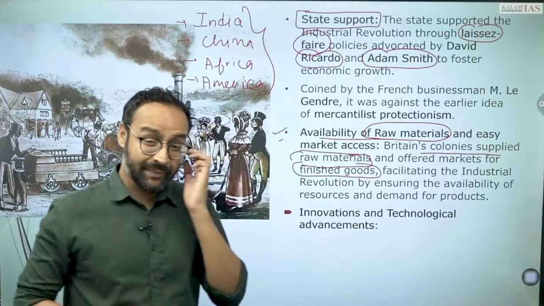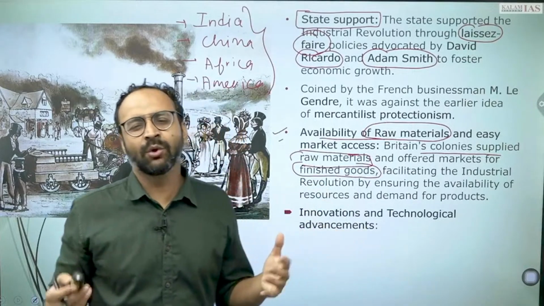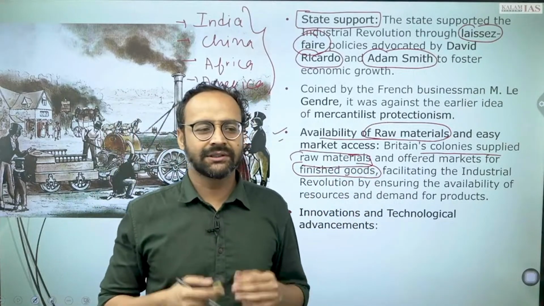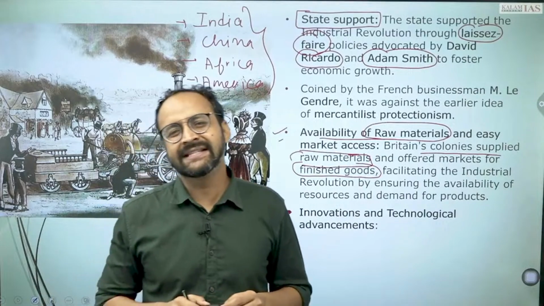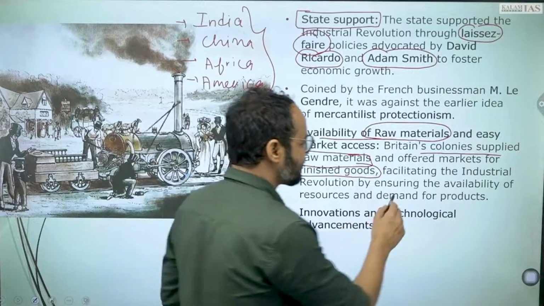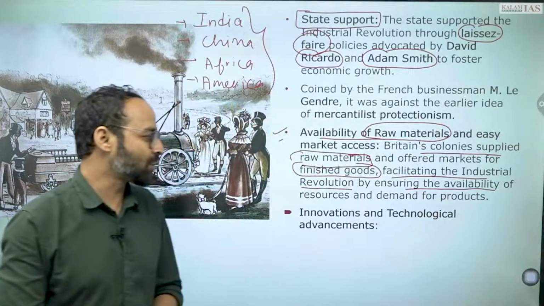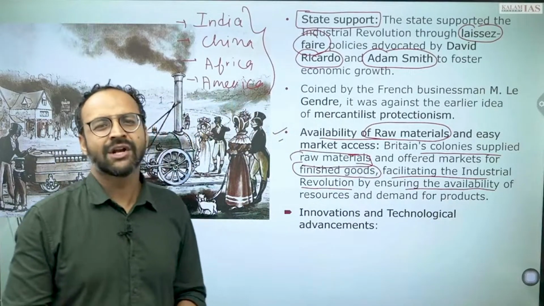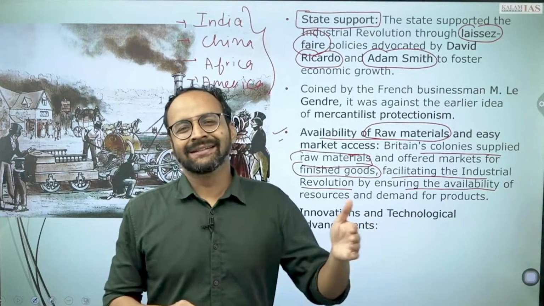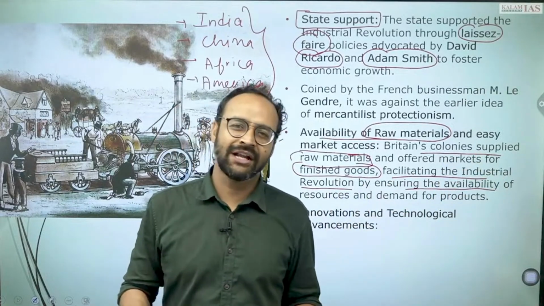That was the main concept of the Swadeshi movement, where we see that British-owned cheap goods were flooding the Indian market. This was all because of the industrial revolution, which started in the 1760s in Britain. All this facilitated the industrial revolution by ensuring the availability of resources and demand for products. So they were developing their industries, and on top of that they were using our resources and sending finished products to our nation.